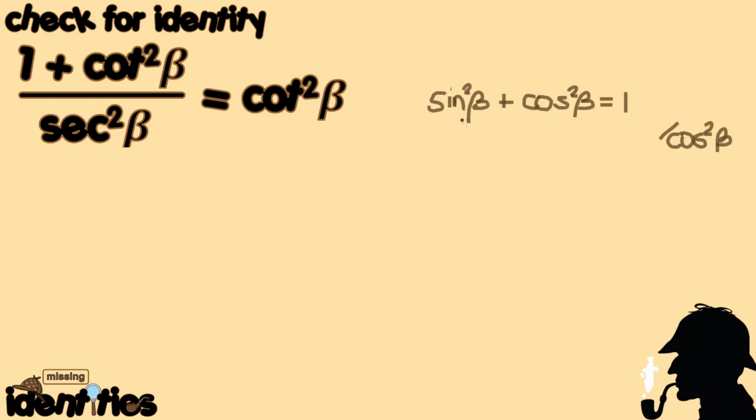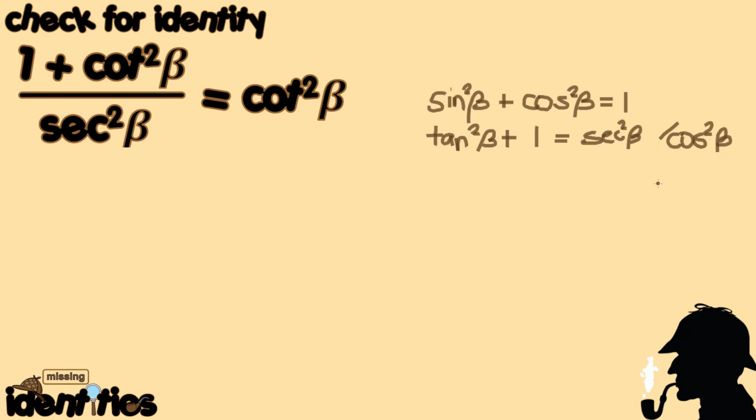Sine squared beta over cosine squared beta, sine over cosine is tangent, so you have tangent squared beta, plus cosine squared beta divided by cosine squared beta is 1, equal to 1 over cosine squared beta, being 1 over cosine is secant squared beta.